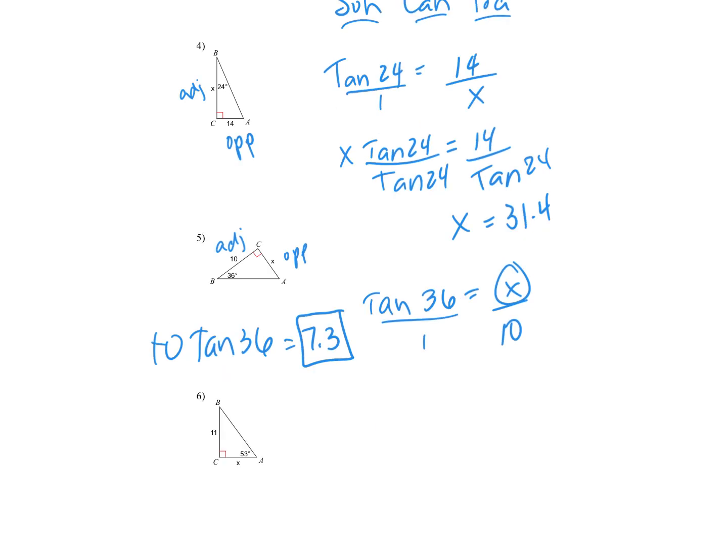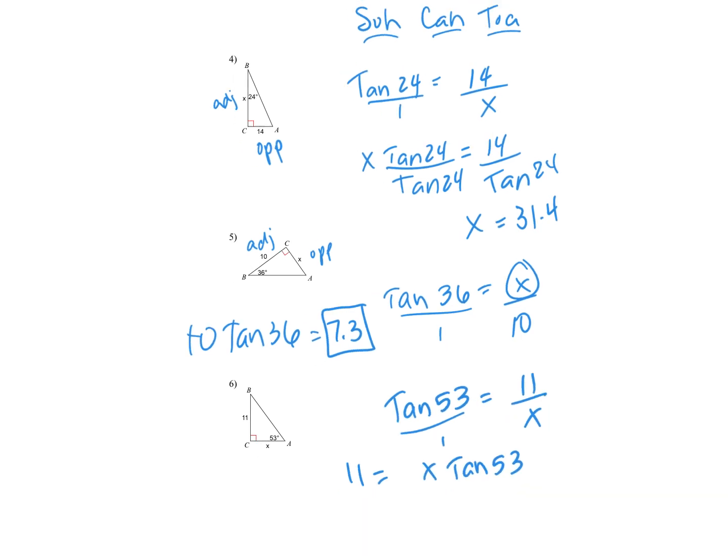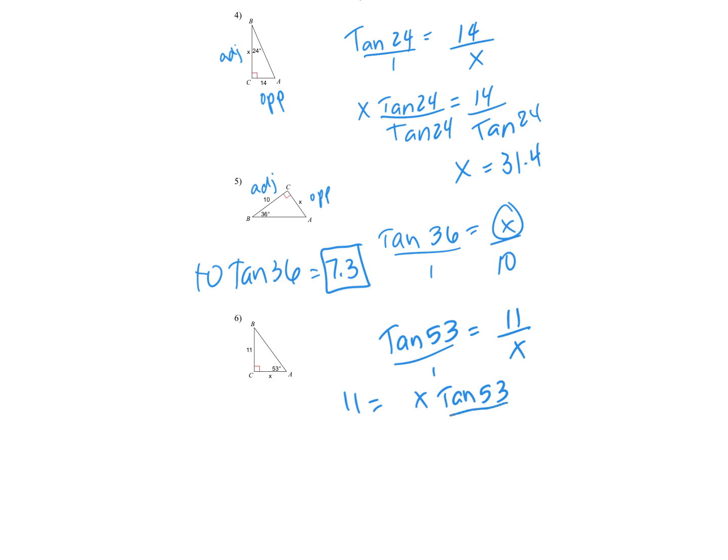This is also tangent. So tangent of 53 equals opposite over adjacent. So 11 equals x tan of 53. You divide by tan of 53 on both sides, and x is going to be equal to 8.3.